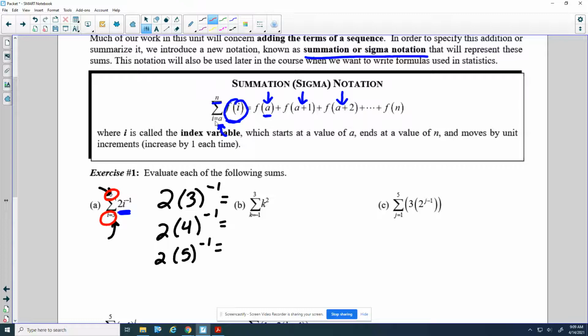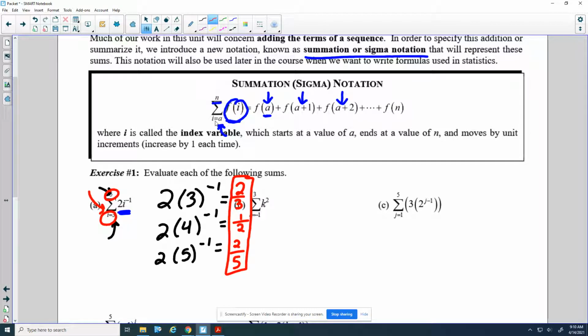I don't have great spacing here, but this is 2/3, because 3 to the negative 1 means divide by 3. This one is 2/4 or 1/2. I'm just going to rewrite that as 1/2. And this one is 2/5. Now this is summation notation, so once I get those answers, I basically just add them up.